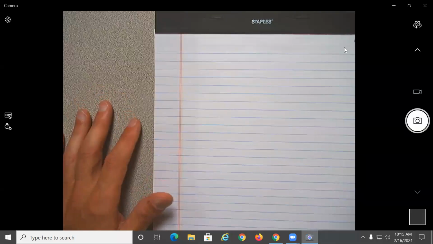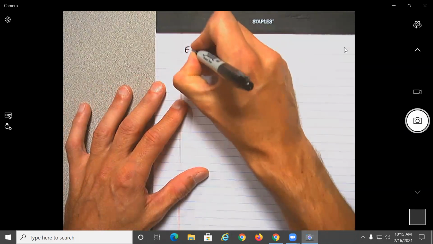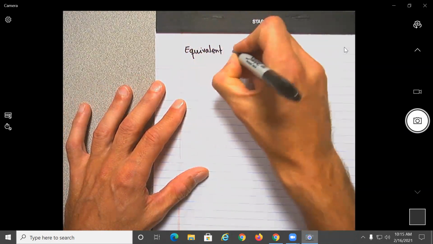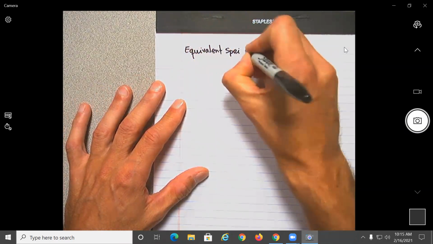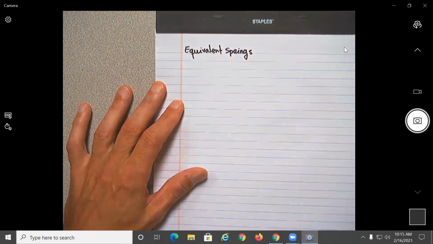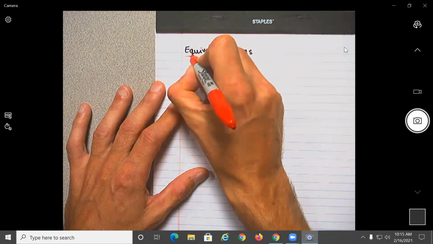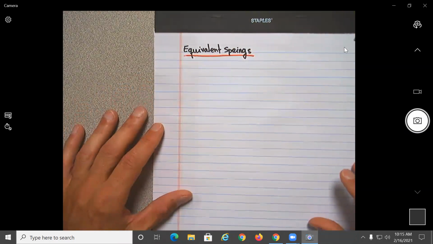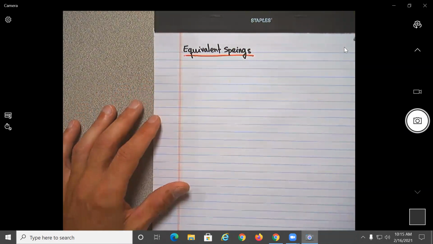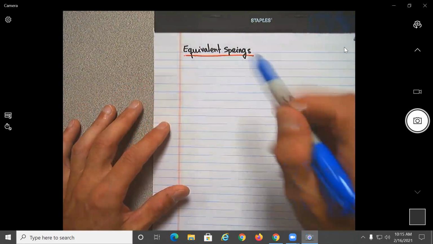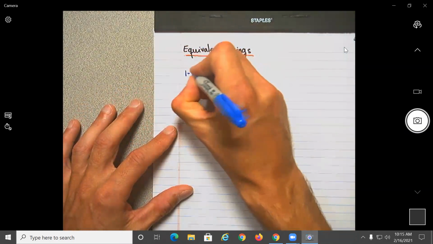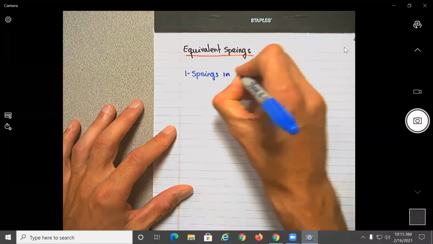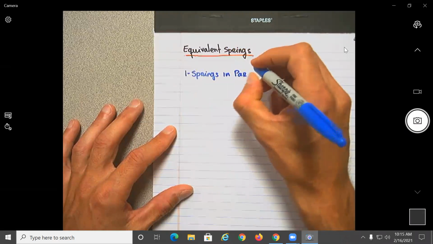All right, so we're going to look now at equivalent springs. First, we're going to look at springs in parallel.